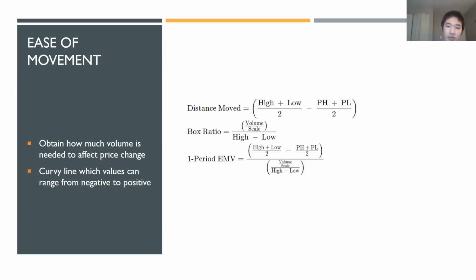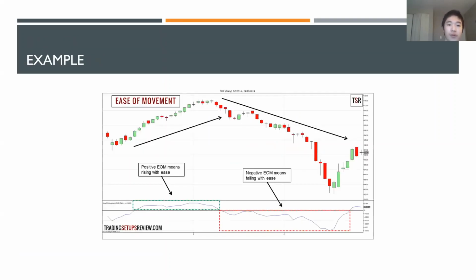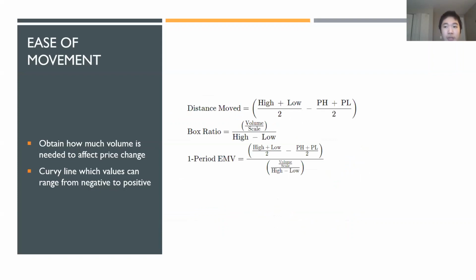For example, what I have for you guys is a chart that shows a fluctuation of price. If we look back at the formula again, as I mentioned before, if the denominator is larger, there's a higher chance that the value of ease of movement would be lower, because it's divided by a larger number, right?